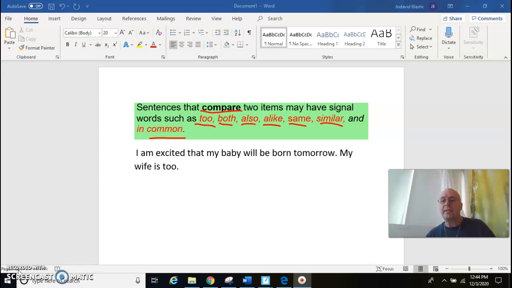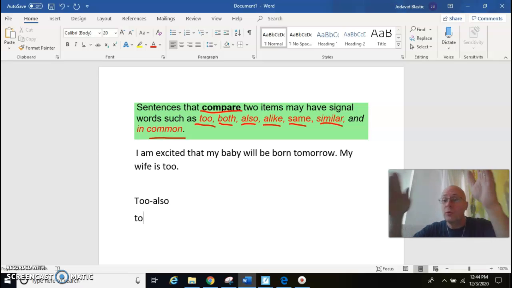So let's take a look at these sentences here. I am excited that my baby will be born tomorrow. My wife is too. That shows how we're the same. The key word here is too, right? Now, this kind of too is T-O-O. That means also. The other to usually says a direction, like I'm going to the store.